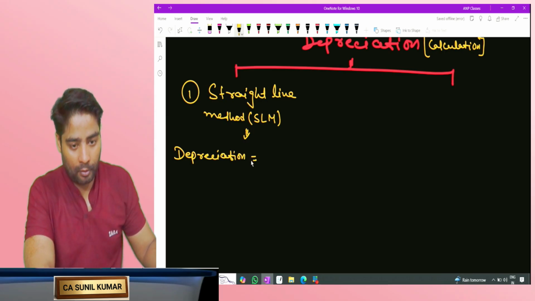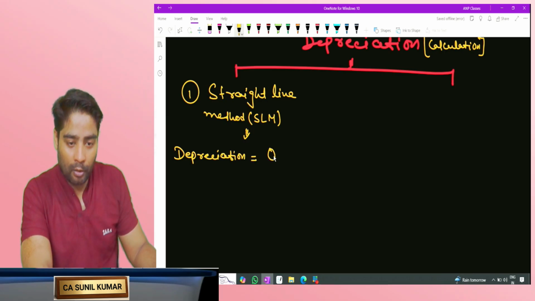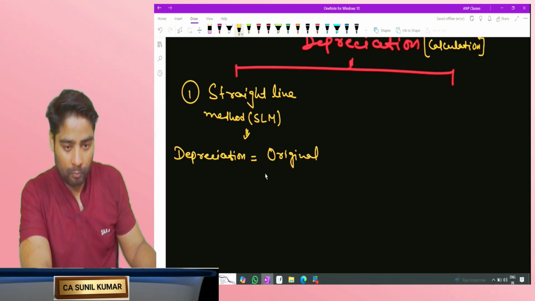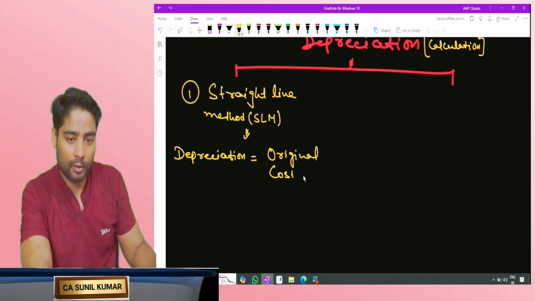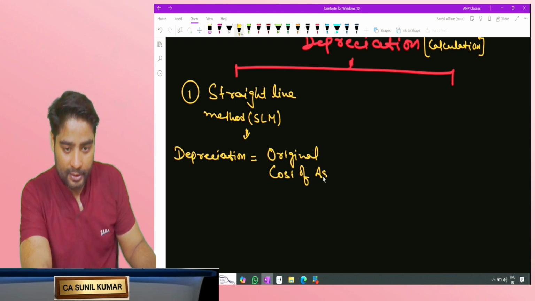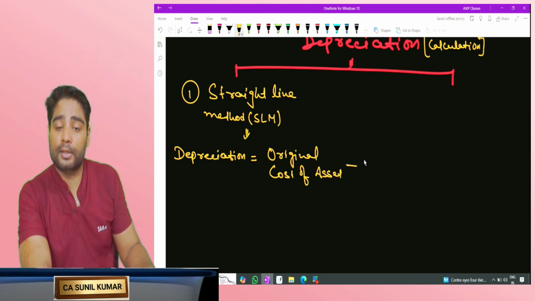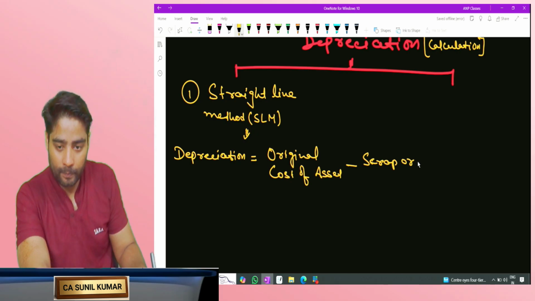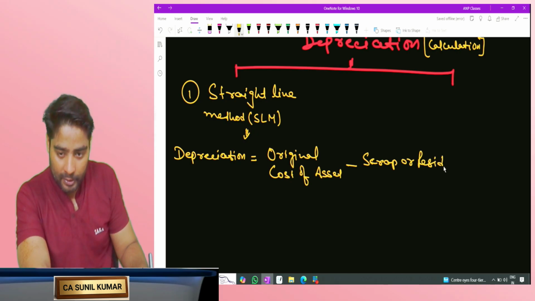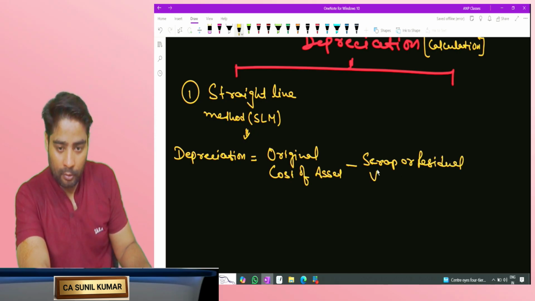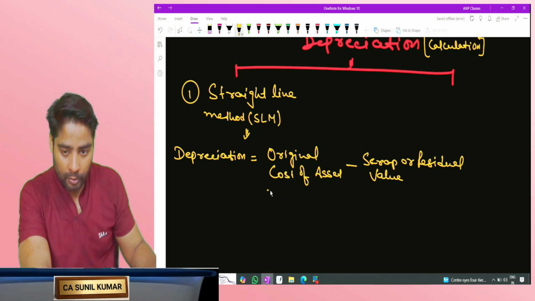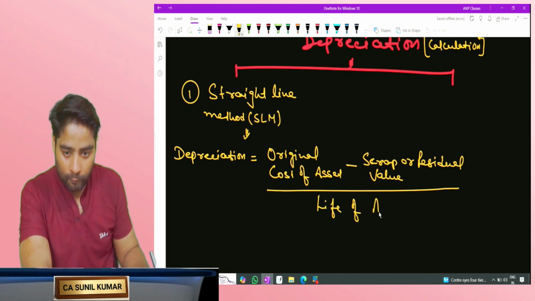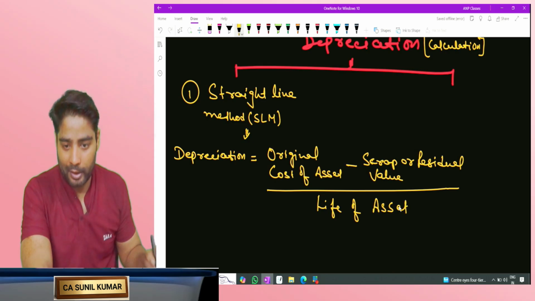Depreciation in this case will be original cost of asset minus scrap or residual value divided by life of asset.